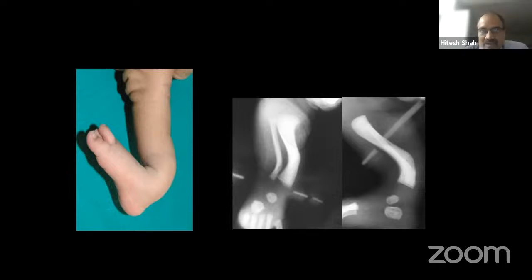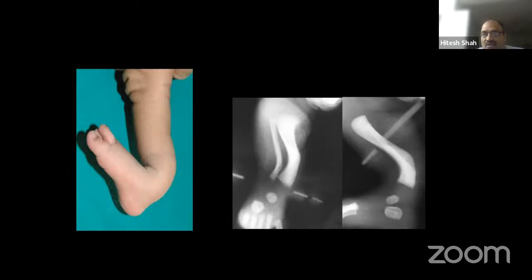Remember, most tibial deformity is referred to as pseudoarthrosis tibia, but this is not pseudoarthrosis tibia. This is congenital posteromedial bowing, and it may be associated with calcaneovalgus, which actually happened in this child. Almost the shin and the dorsum of the foot are touching together.